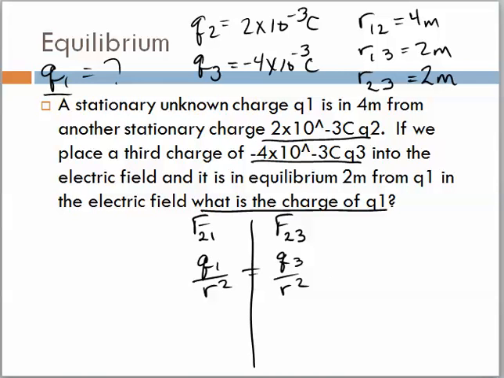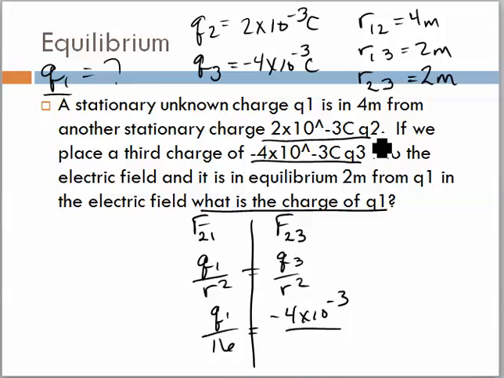That leaves me then with Q1 over, where the radius between 2 and 1 is 4. 4 squared is 16. The charge of 3 is negative 4 times 10 to the negative third.